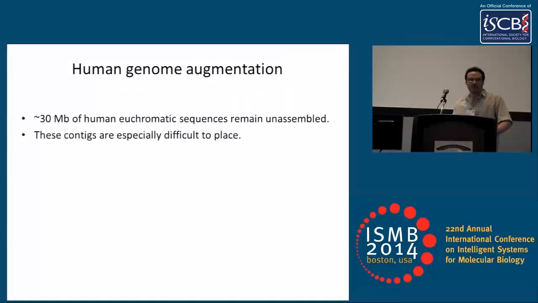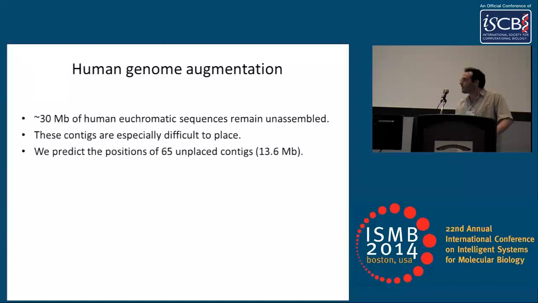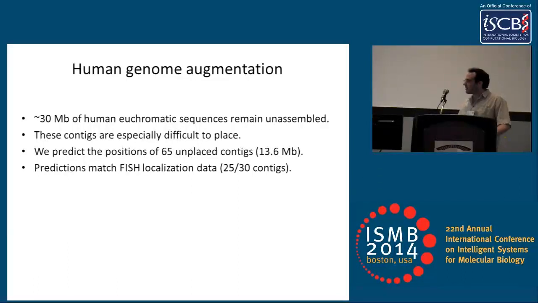And of course, these contigs are very hard to place because until now, no one was able to place them. We were able to predict the position of almost half of the sequence. We also had external FISH measurements on some of this, and it matched pretty nicely. So this is already something very useful we can do: given some genome draft, we can now help finish it.